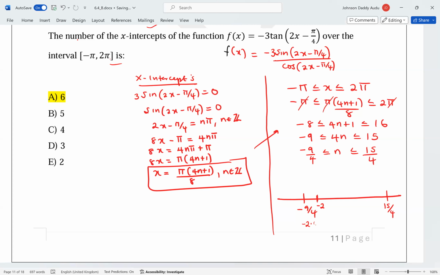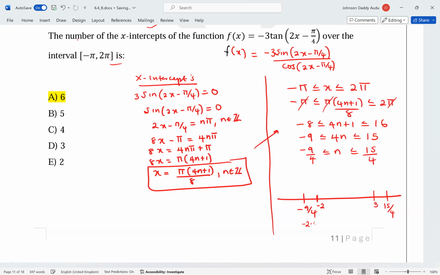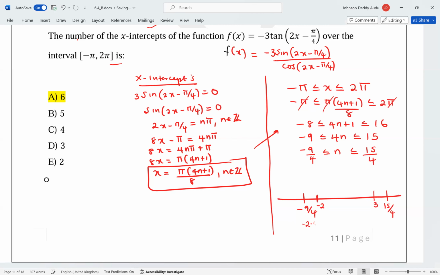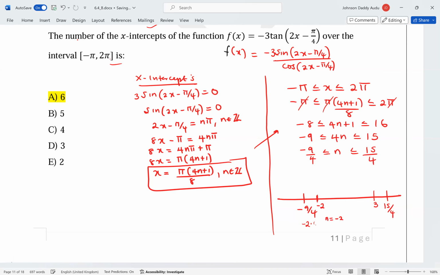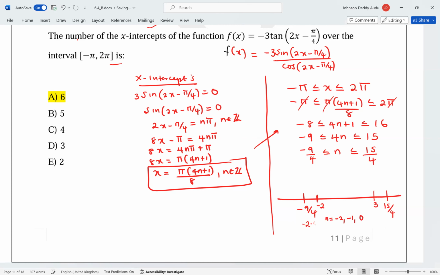And 15 over 4 is actually 3 point something, so we have to stop at 3, right? So it simply means that our n can be minus 2, it could be minus 1, it could be 0, it could be 1, it could be 2, and it could be 3.